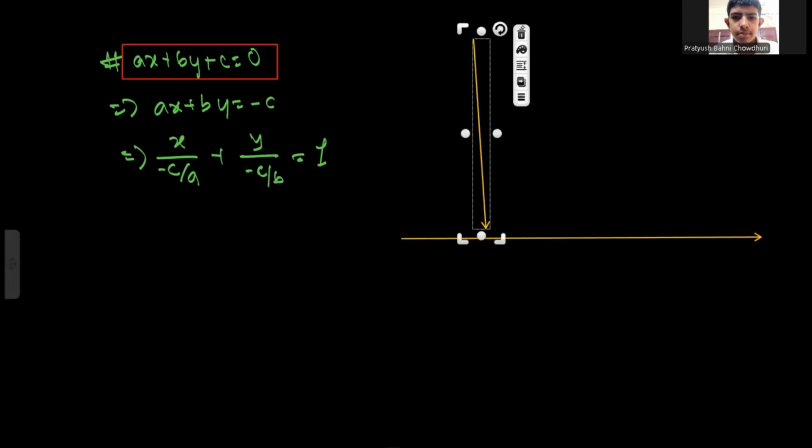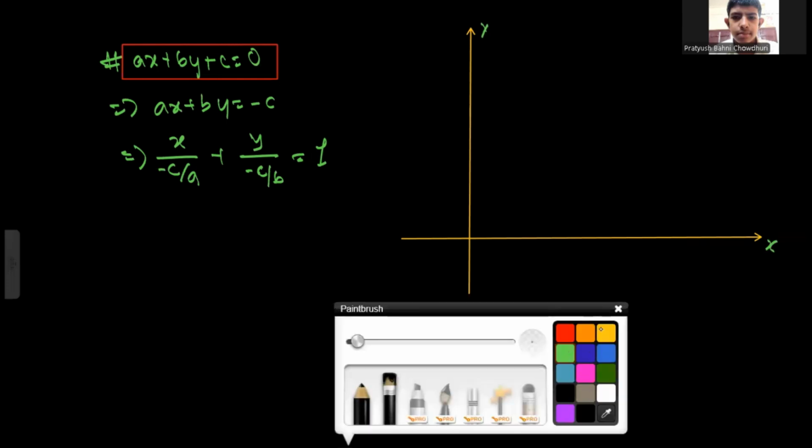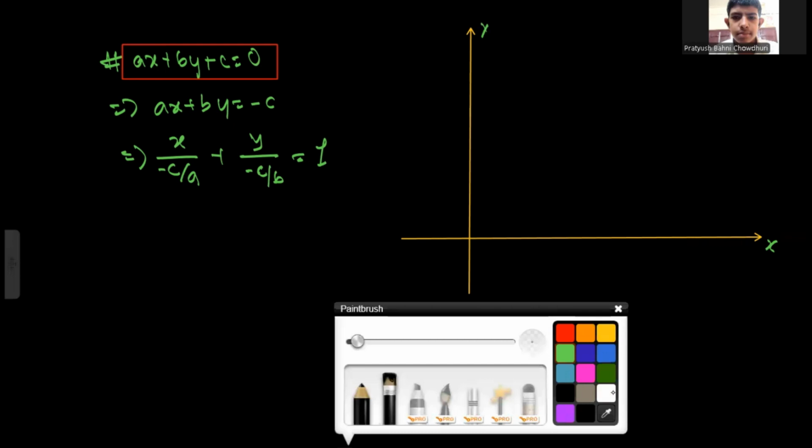Oh no, sorry. It's gone. Yeah. See here. This is the y-axis. This is our x-axis. Now the point at which the line cuts the axis is the intercept.